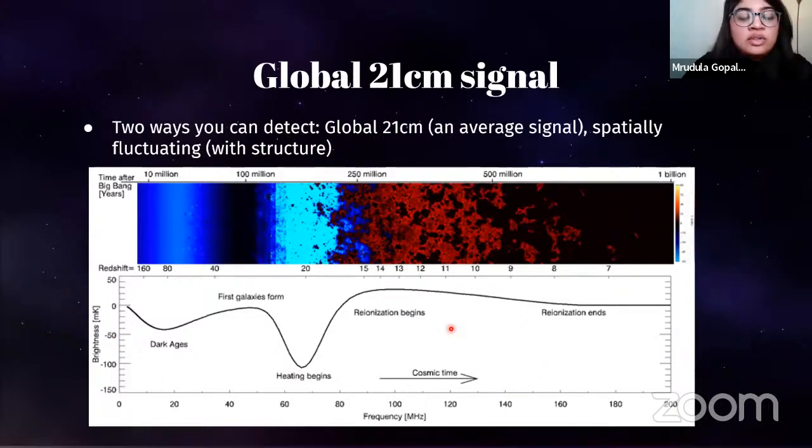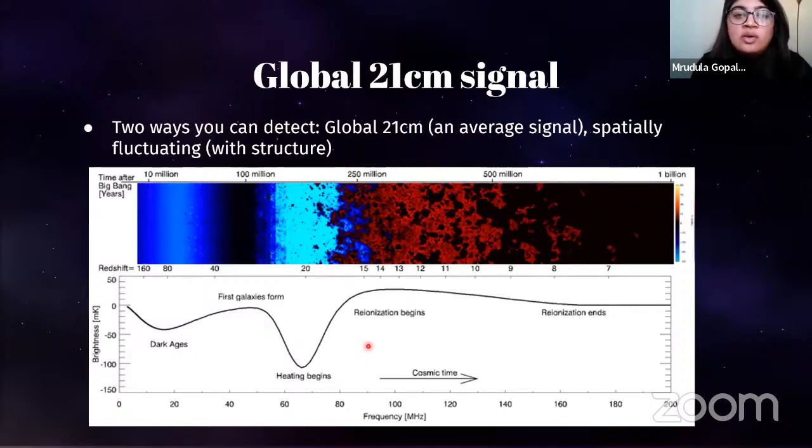If you follow astronomy news, you might have heard that very recently in India there was an instrument, a global 21 centimeter instrument, that tried to look at the 21 centimeter signal. We'll get to that as well, but I want you to note that when you're trying to detect any signal, there are two ways you can do it.